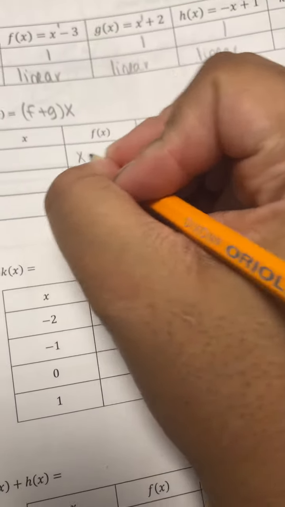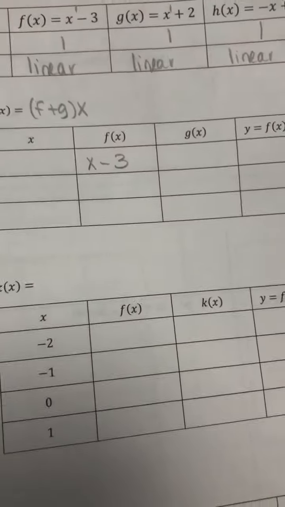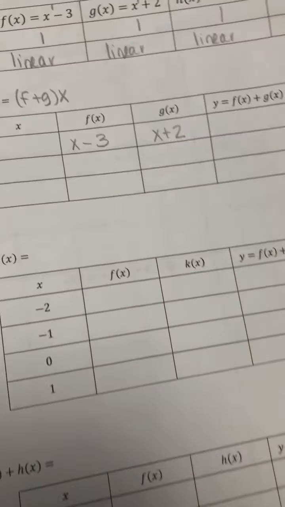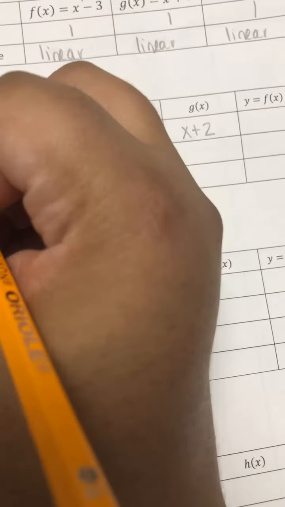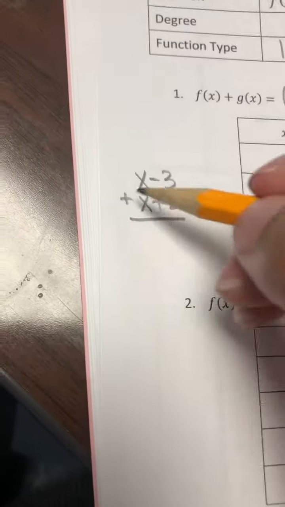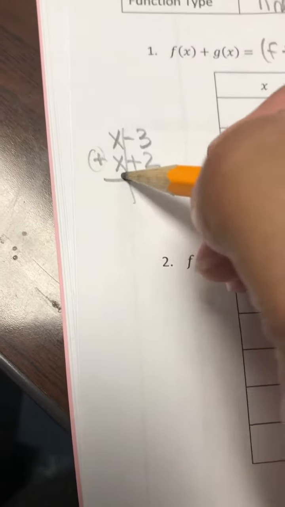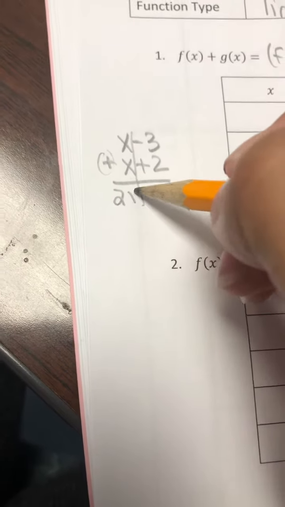So our f of x is x minus 3. Our g of x is x plus 2. And then we're going to add them together. So you can add them. I'm going to show you how you can line them up. So this is how you can line them up. So x plus x is 2 x's.